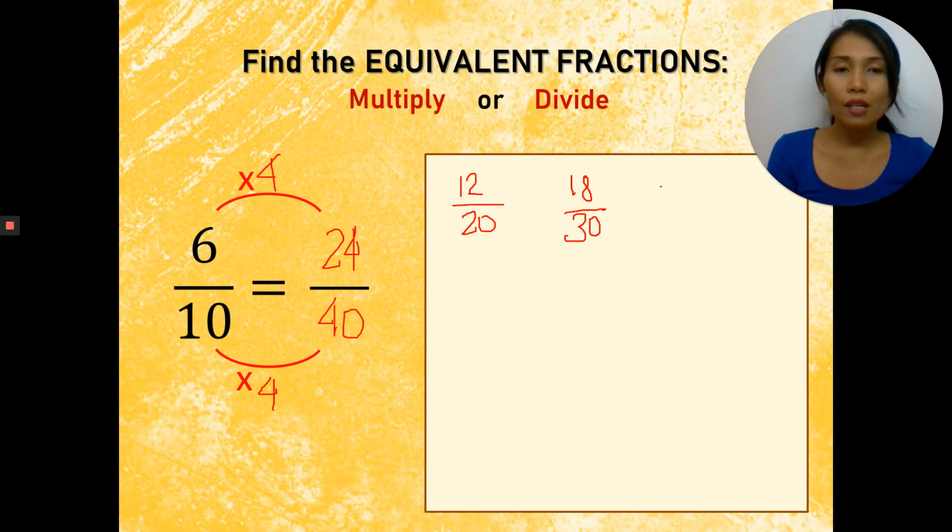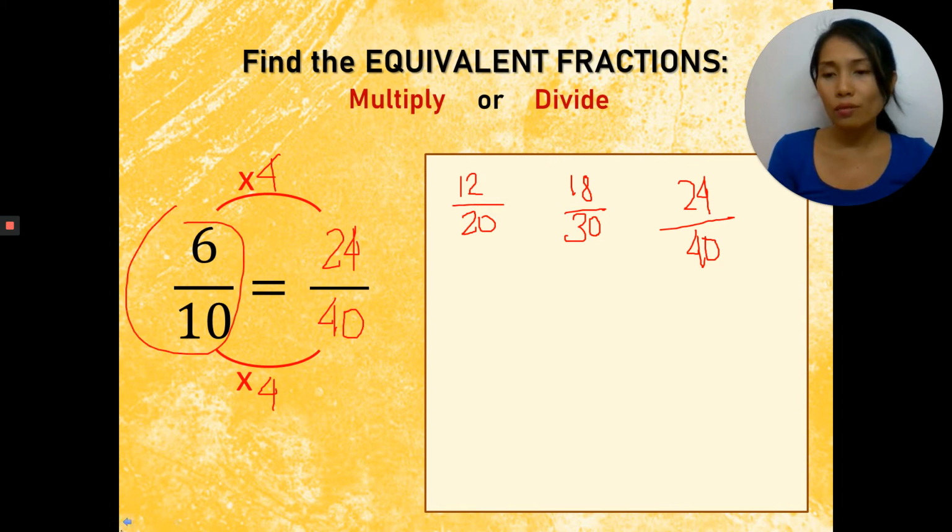That means 24/40 is an equivalent fraction of 6/10. Okay, how about divide? Let's try to divide. Okay, so that's how to use multiplication in finding the equivalent fraction of a fraction.